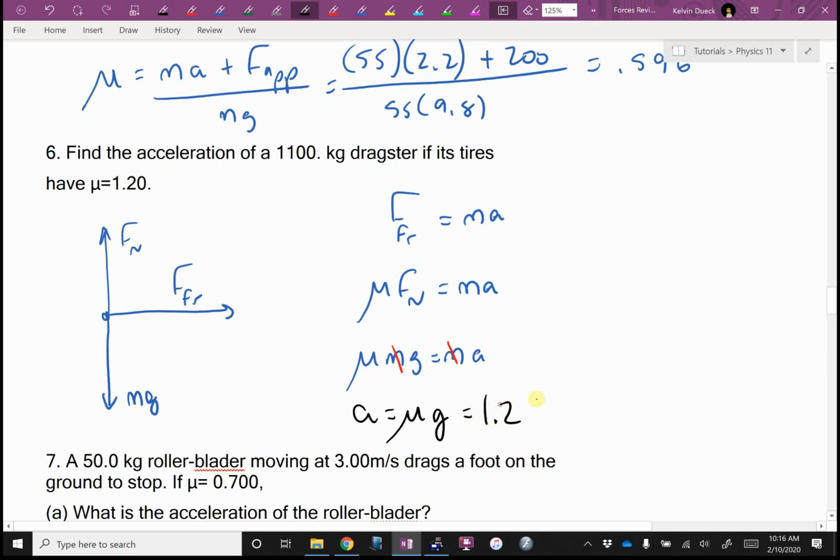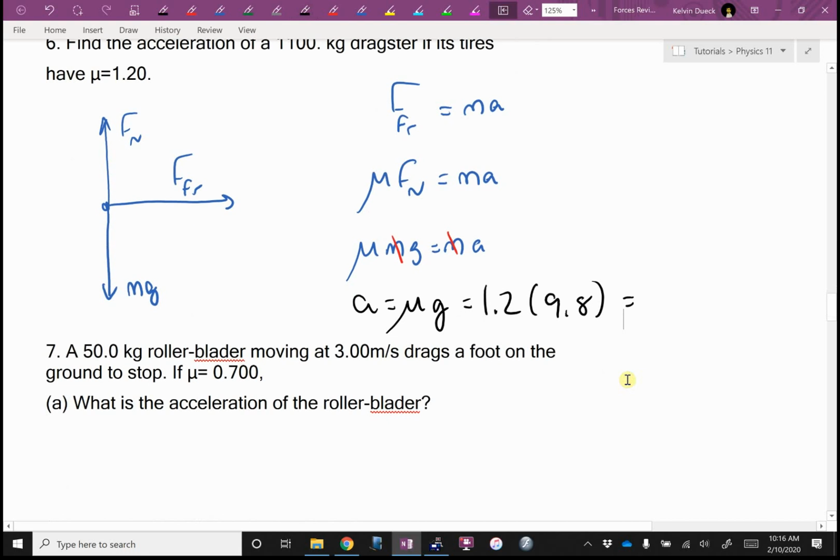It's going to be 1.2 times 9.8, which is what? And it's an acceleration, meters per second squared.